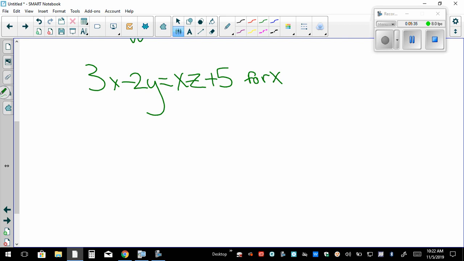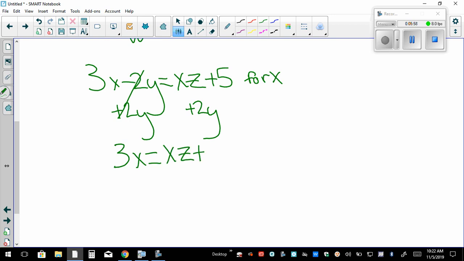The first thing we do is add 2y to each side. That cancels out, and you're left with 3x equals xz plus 5 plus 2y.